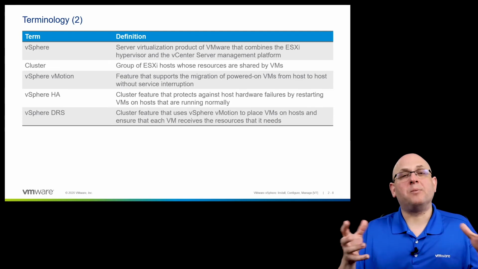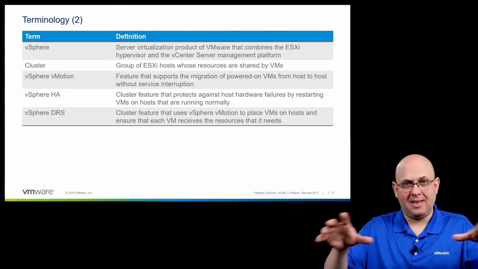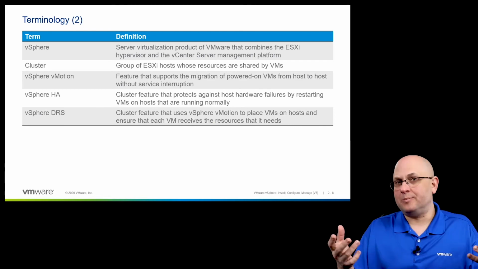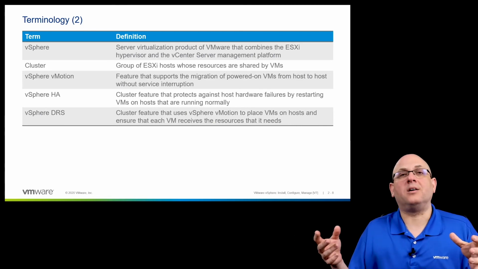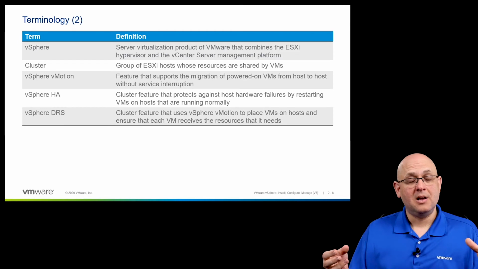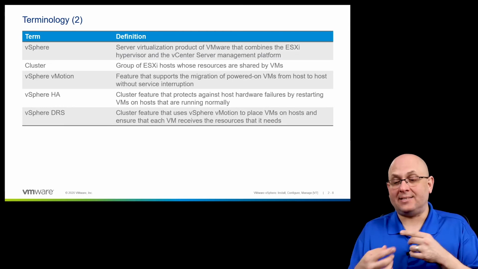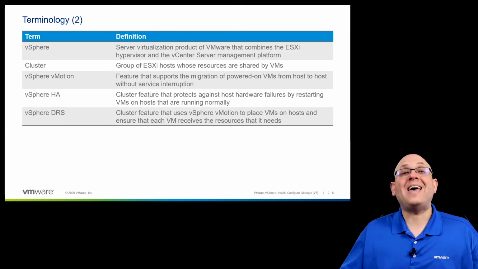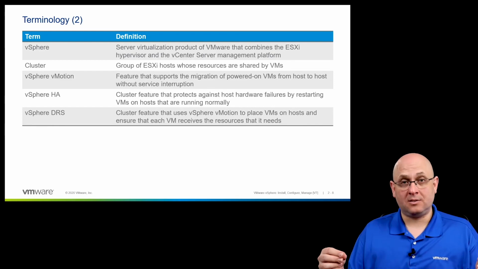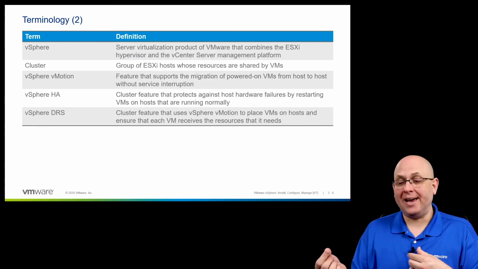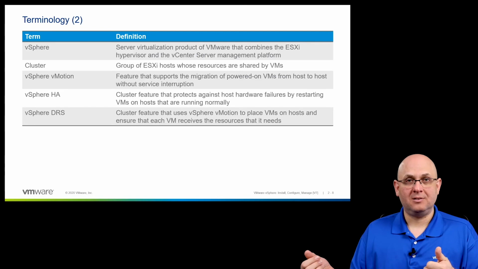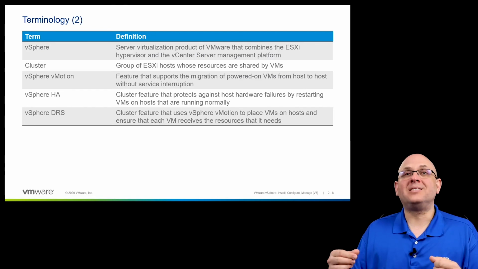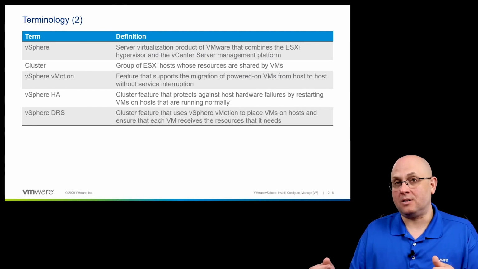Now, if I were to take multiple ESXi hosts and bring them all together in some sort of a new construct, we might call that construct a cluster. A cluster is a group of ESXi hosts whose aggregate resources can then be shared by virtual machines. At VMware, we can run 64 ESXi hosts in a cluster.